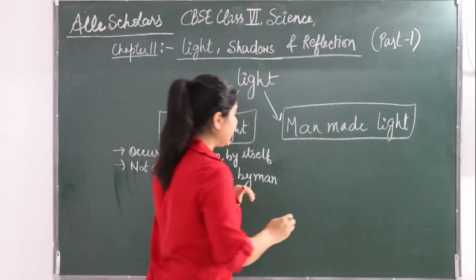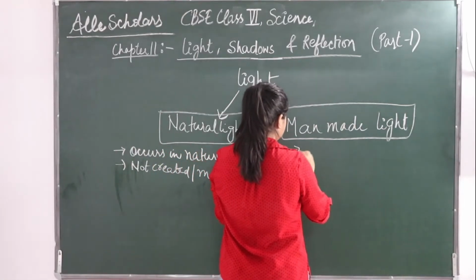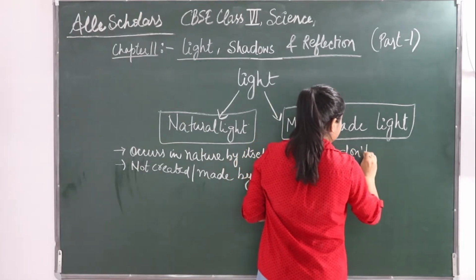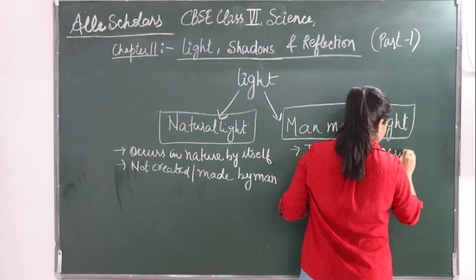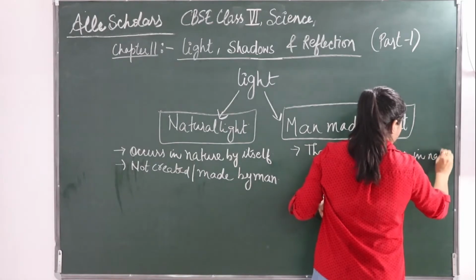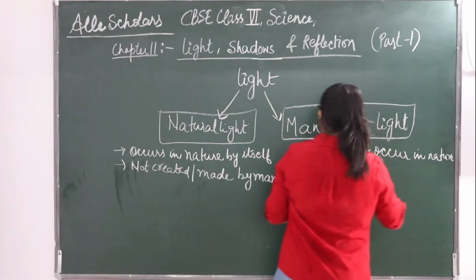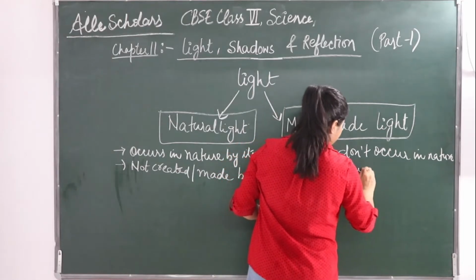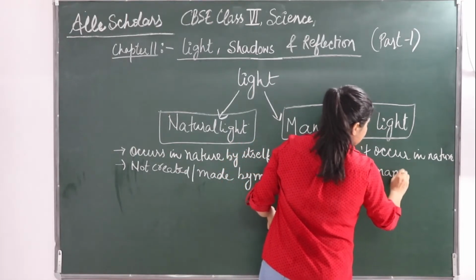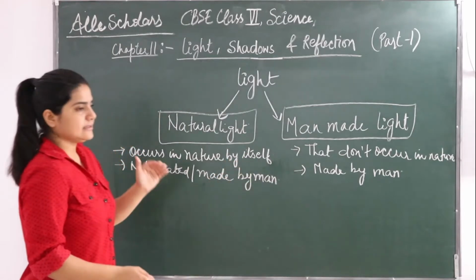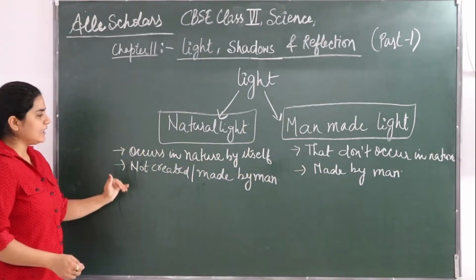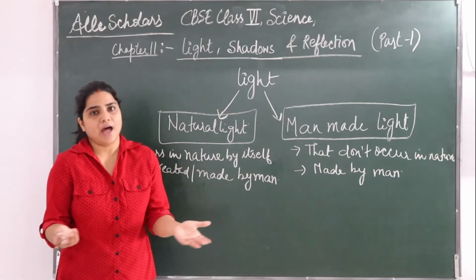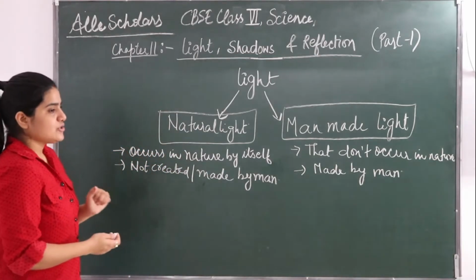But man-made light is a source of light that does not occur in nature and is made by man. Okay, so man has made a man-made light, and the light which is present in nature, which is present by our God, is natural light.